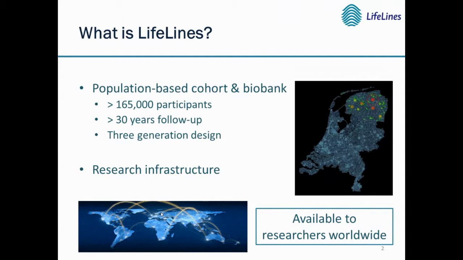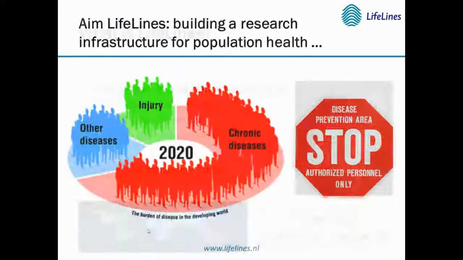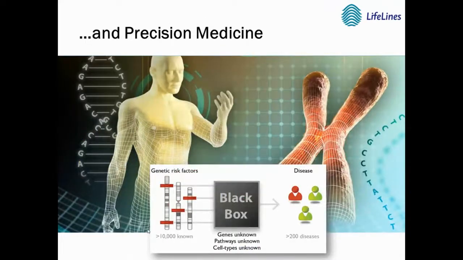Really what Lifelines is, is a research infrastructure that is available to researchers not only within the Netherlands or Europe, but really worldwide. And the aim of Lifelines could be described as building a research infrastructure for population health and precision medicine.